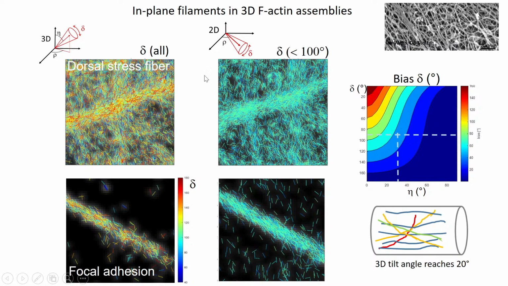So actually, dorsal fibers, as observed here, could be visualized as a bundle of filaments that are highly parallel, except for a population of them which is tilted off plane and exploring much more varied directions. This is also something we have observed in focal adhesions, which are structures which tend to get off plane because of their attachment to fibers that are going to tilt off the plane of the sample.